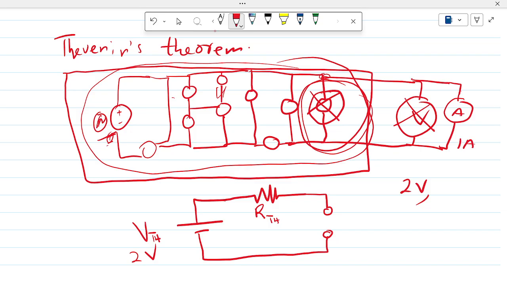So that becomes the current through this guy here. So then we can solve for the resistance here. And that becomes, using Ohm's law, 2 V is equal to IR, and that is 2 ohms.